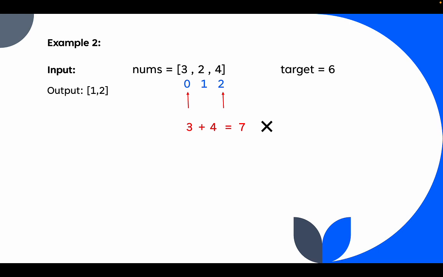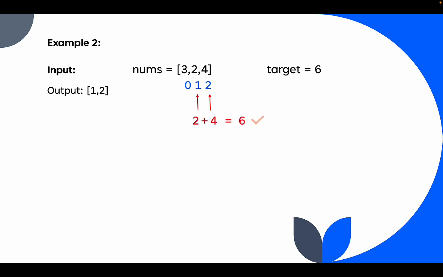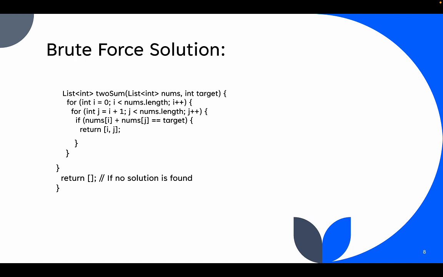So we're going to iterate the first index now, and now we have 2 plus 4 equals 6. The code solution would be using two for loops, iterating through our array and checking whether we have two numbers that equal our target and returning them. If not, then we need to return an empty list.